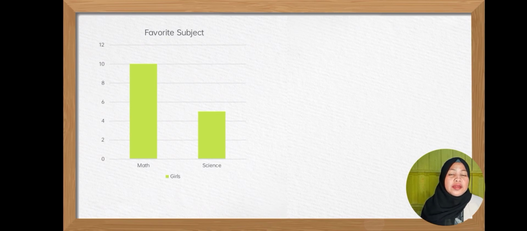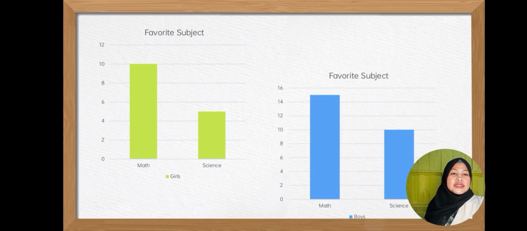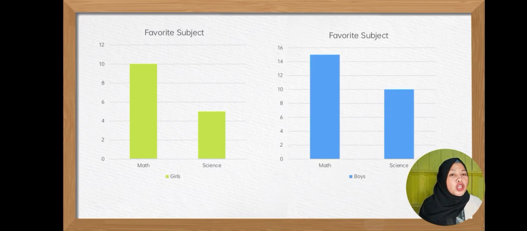That is the bar graph of the girls. And for the boys, the color is blue. So what did you observe? Yes, two separate bar graphs. So what else did you observe? Yes, we can combine the two bar graphs and make what we call a double bar graph.